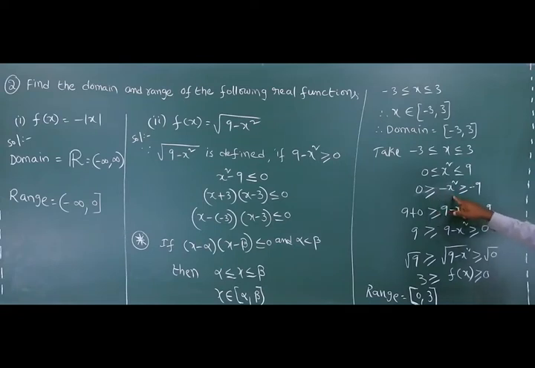Then multiply by minus 1 on both sides: 0 greater than or equal to minus x square greater than or equal to minus 9. Add 9 on both sides: 9 greater than or equal to 9 minus x square greater than or equal to 0. Then take the square root on both sides: 3 greater than or equal to f of x greater than or equal to 0. So the range is the closed interval 0, 3. That's all. Next problem.